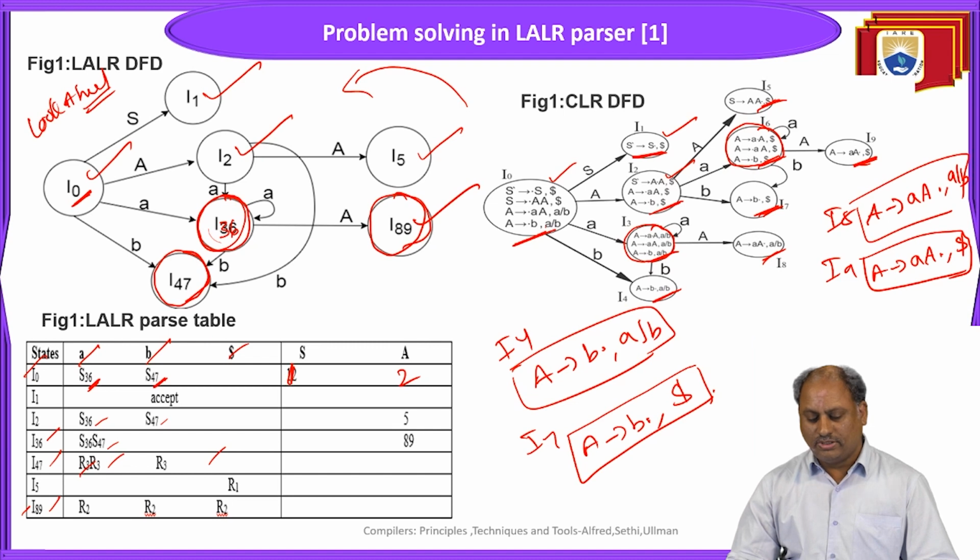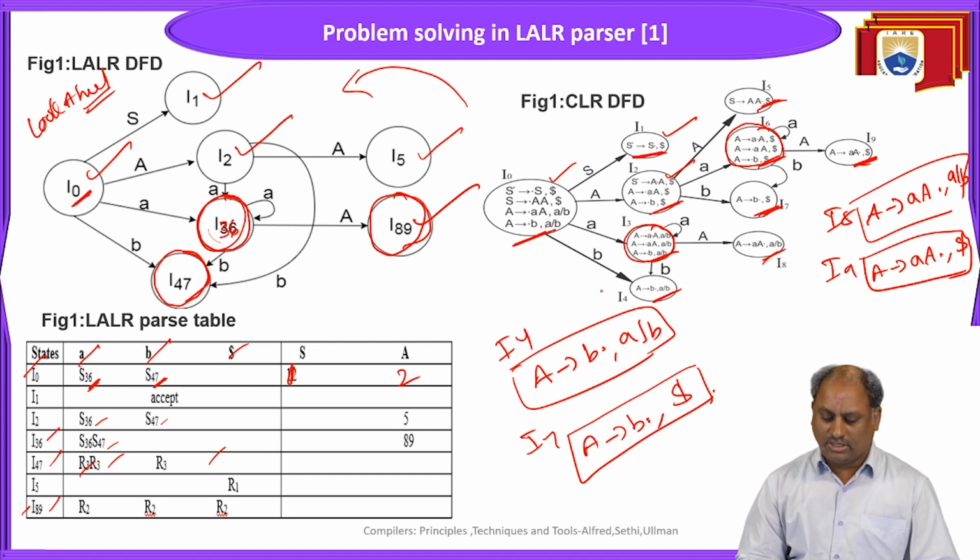So only the minor differences we have to verify: whether any states occur with the same rules and different look-aheads. Such cases are to be handled with the combined representation of the states, and that is to be implemented in the parse table also, writing the combined state as I suffix 3, 6, and where 3 appears we write 3, 6, where 4 appears 4, 7, where 8 or 9 appears 8, 9.